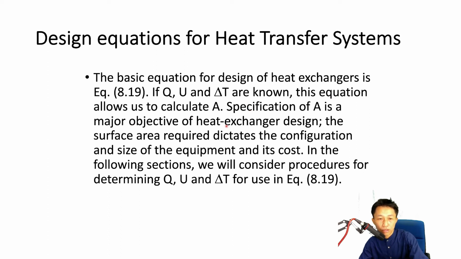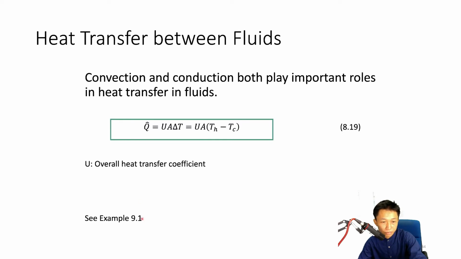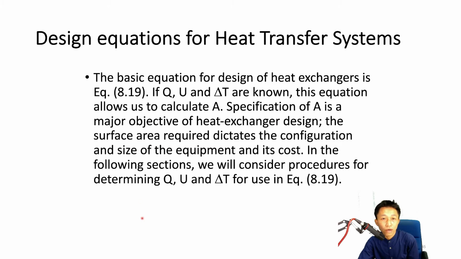Area is more important for heat exchanger design. With the surface area configuration we can calculate the cost later on. The heat transfer coefficient is also very important, because we can use it to choose a suitable heat exchanger for our system. We will continue with example 9.1 later on.